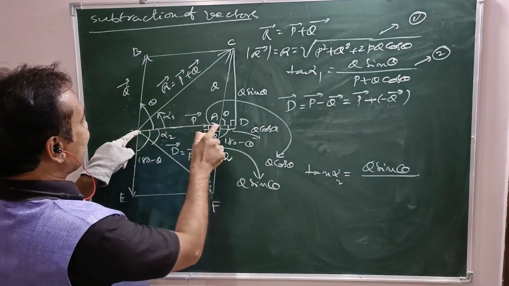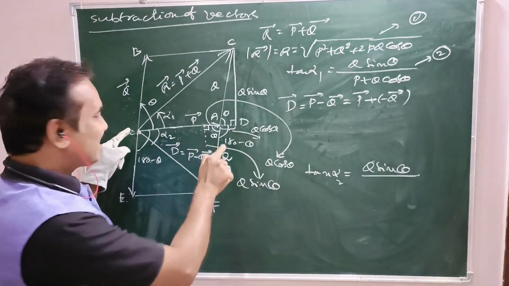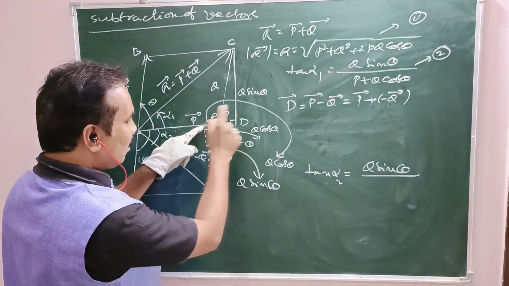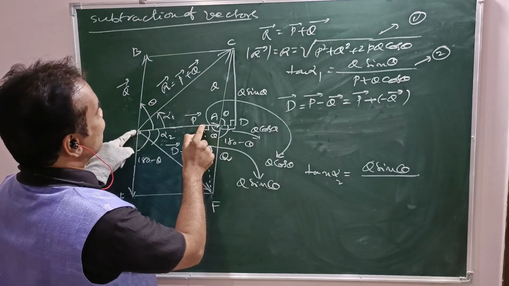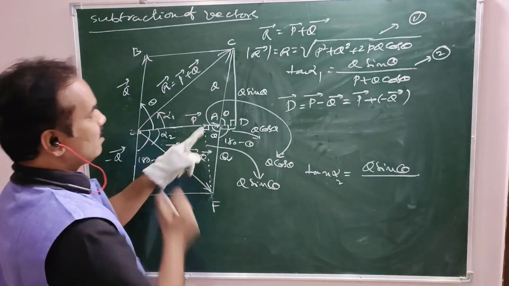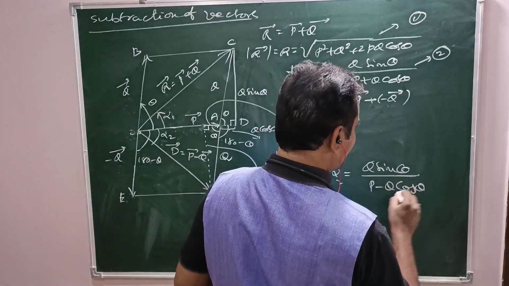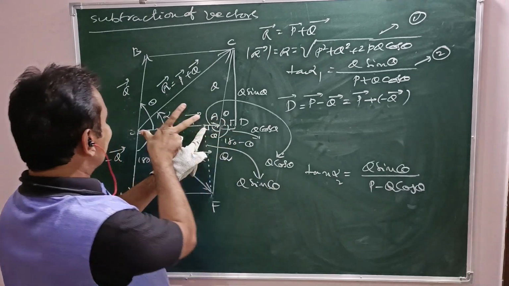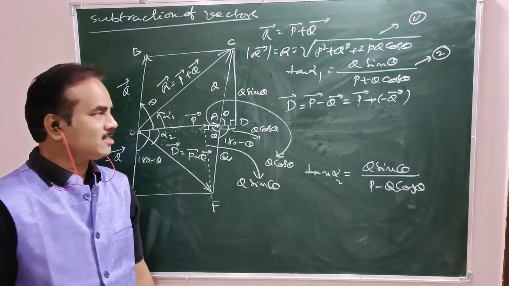From here to there, that is P. In fact, this is P bar; as far as measurement is concerned, P only. From here to there, Q cos theta. So to get this measurement, P minus Q cos theta gives it. Okay, tan alpha 2 equals Q sin theta by P minus Q cos theta.